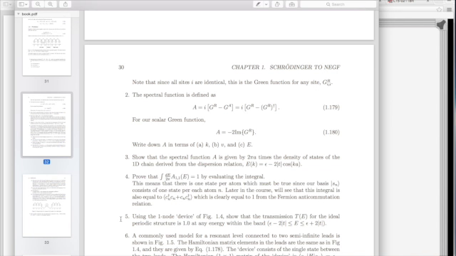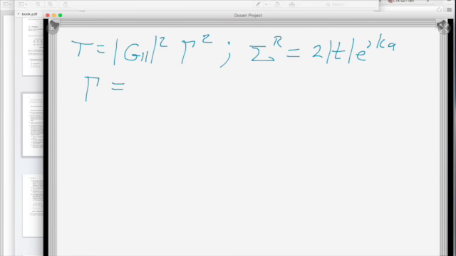sigma was 2t. So sigma is, again, is it E minus H minus 2 magnitude t e to the ikA? Is that the way it's written?